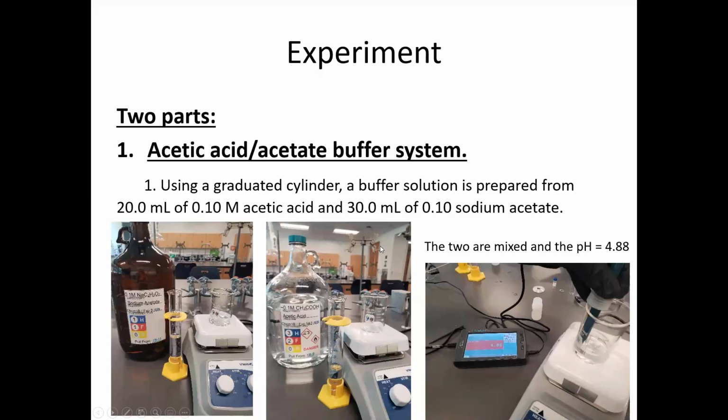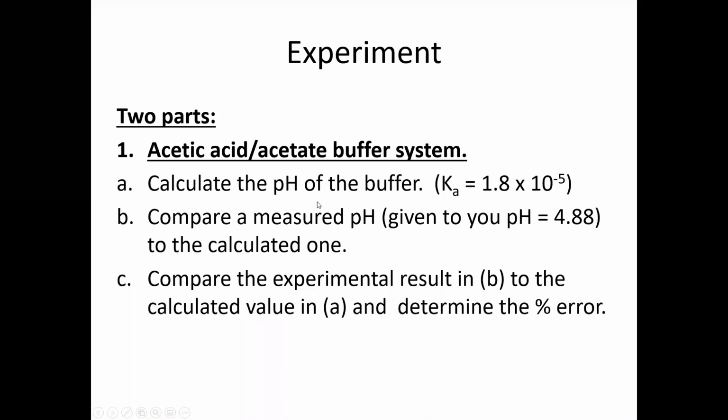So you will be provided with concentration and volume information in your template. And then you will need to calculate the pH for the buffer based on the pKa and based on how much acetic acid and sodium acetate is added.